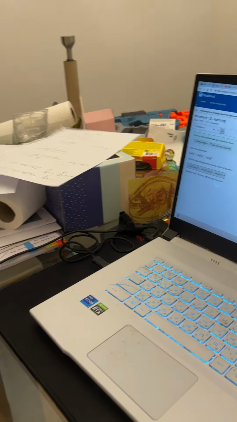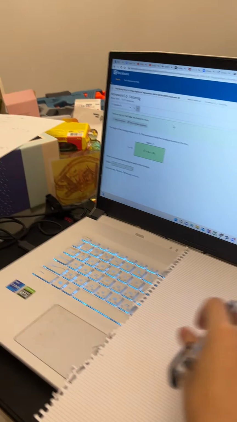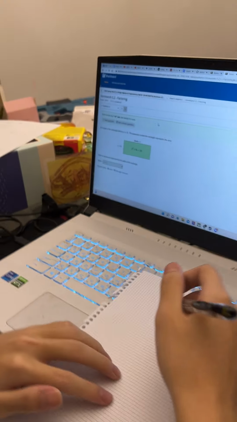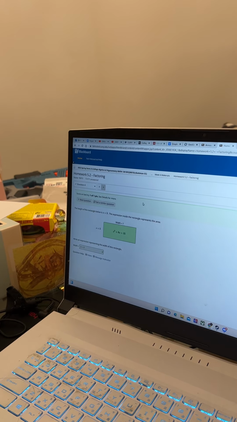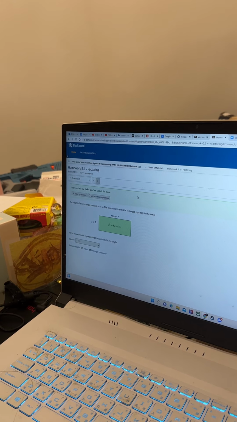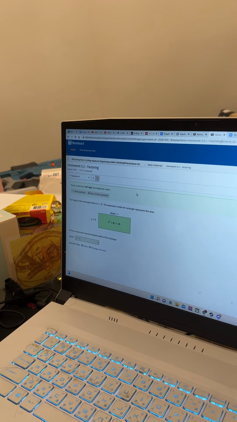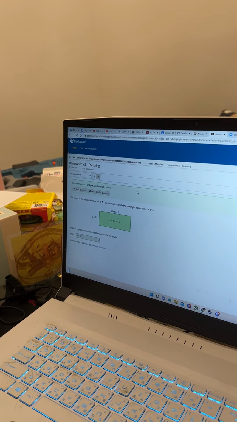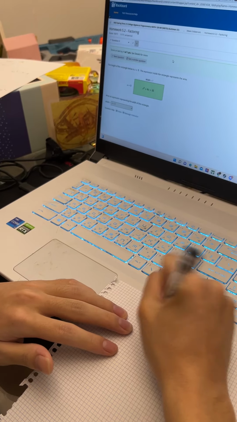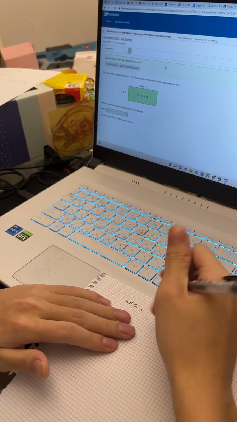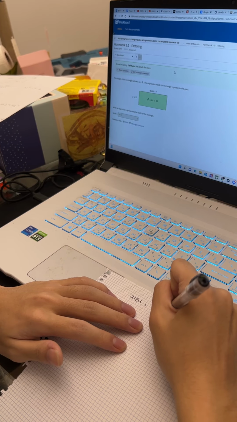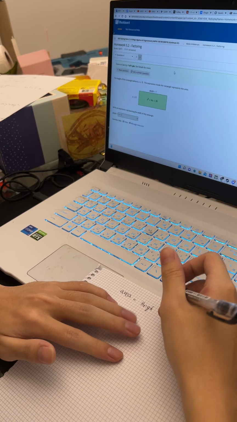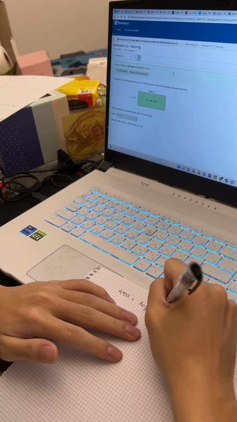Okay, for the fourth question, we got the same rectangle question. The height of the rectangle is z plus 5. The expression inside the rectangle represents the area. As the area rule, area will be height times width.